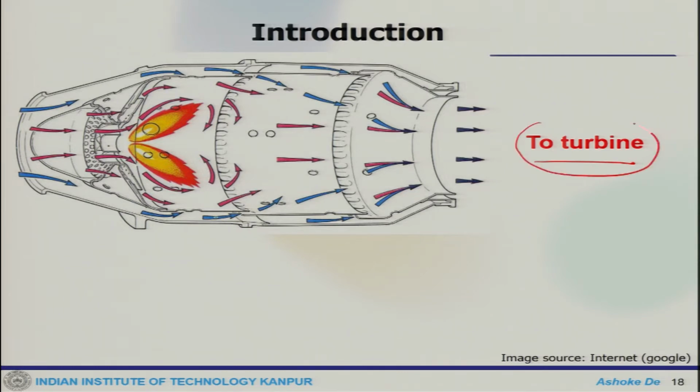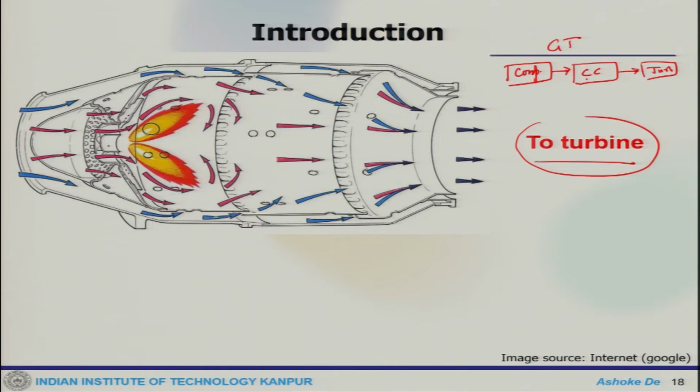Now, what is important here? For a GT unit you have a compressor feeding the combustion chamber, feeding the turbine. The whole idea of combustion is that you convert chemical energy to thermal energy.